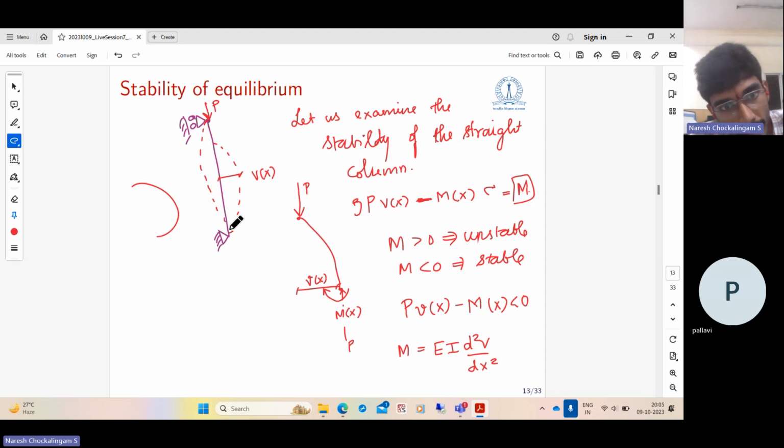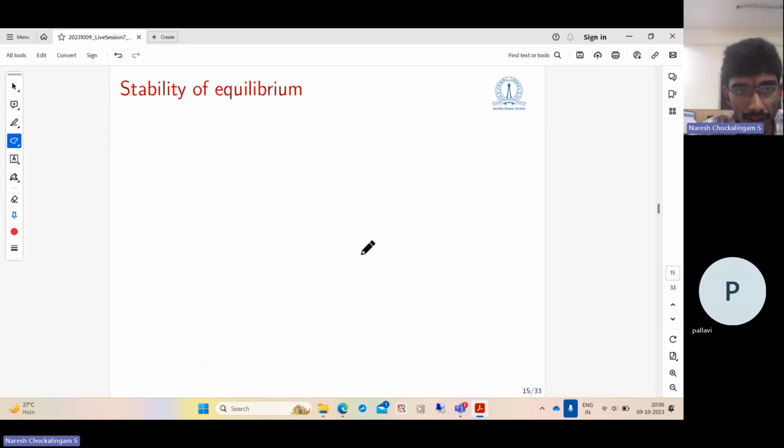So if you take the beam, this v of x is measured upwards as positive, right? So you need to take the beam deformed configuration like this. So you have P and P, and you have bending moment like this. And in this case, it's the same thing. So you have PV minus EI d square v by dx square is greater than 0. So this value should be less than 0 for stability.